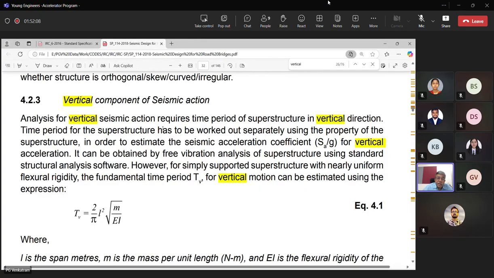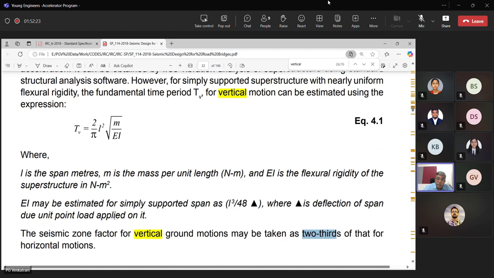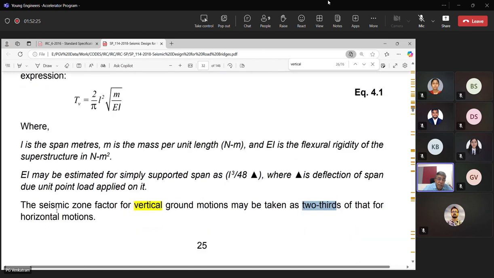So what does it say? It says find out the fundamental time period for a simply supported beam. They have given you a simple formula, just like they have given you for the lateral for a single degree of freedom. After you have done that, what it says is the seismic zone factor, you make it 2/3.